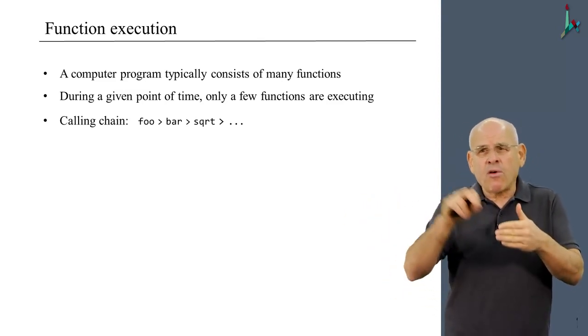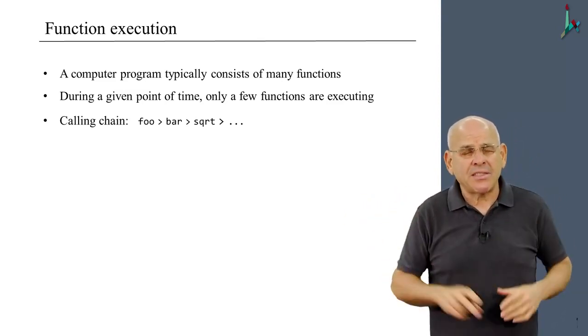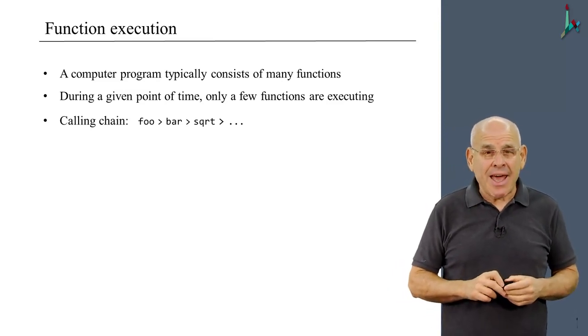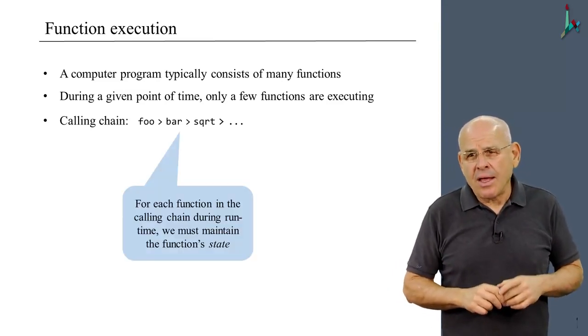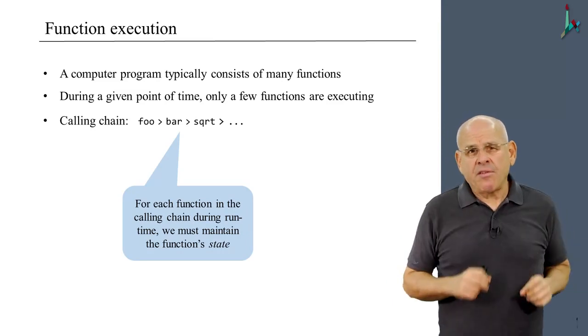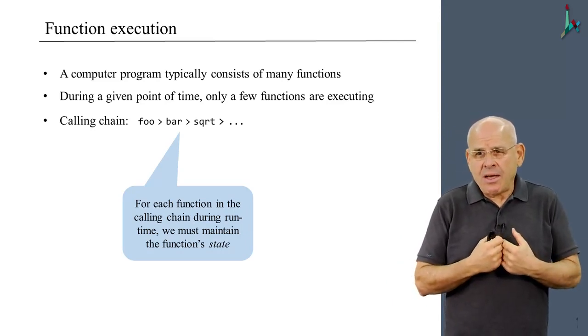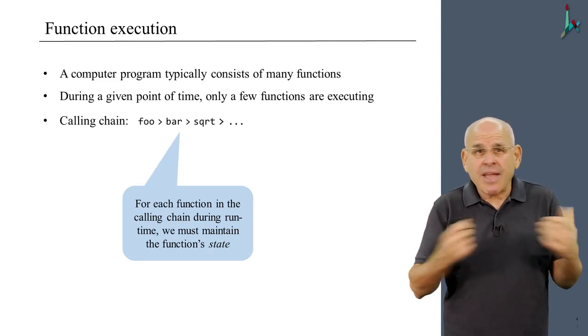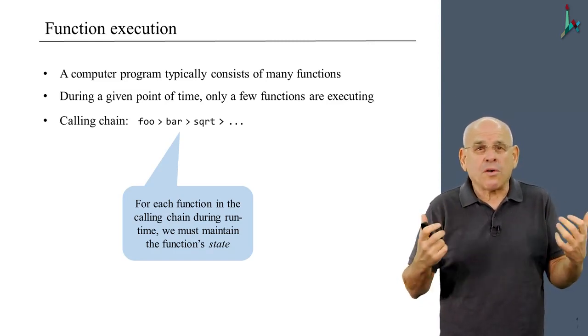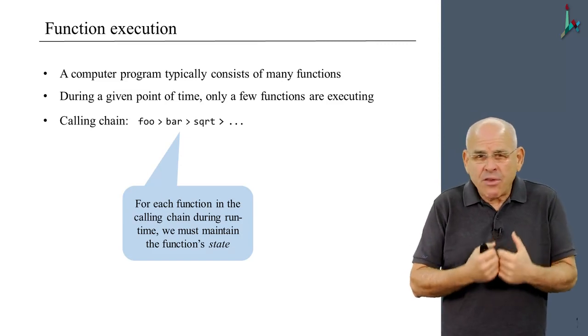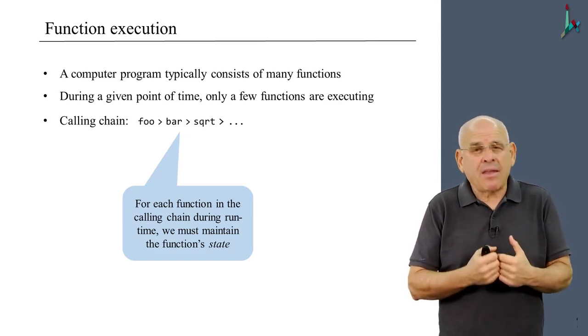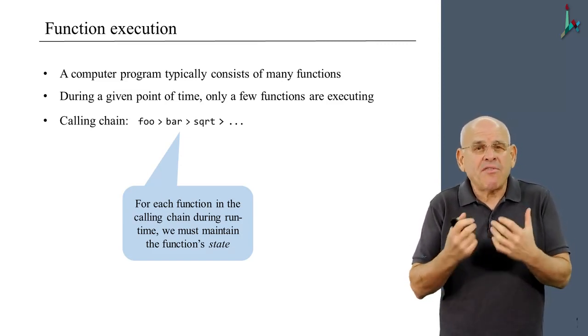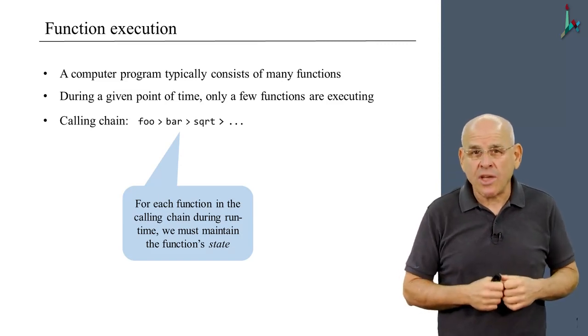So foo called bar, bar called square root, and that's where we are presently at. Now, think about it. From an implementation standpoint, every one of these functions has some state. It has some private world. And this private world must be maintained as long as this function exists on the calling chain.